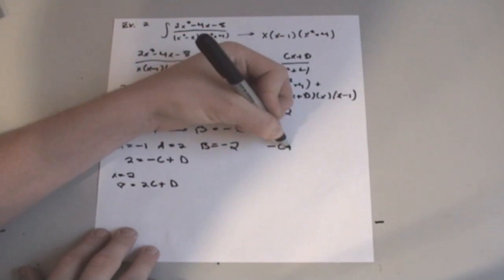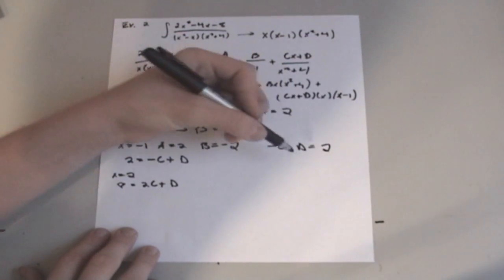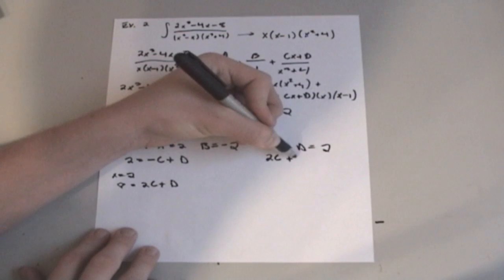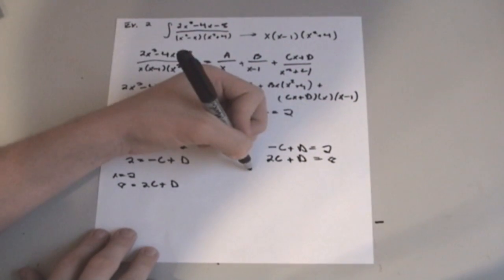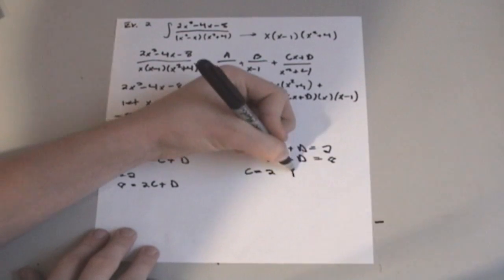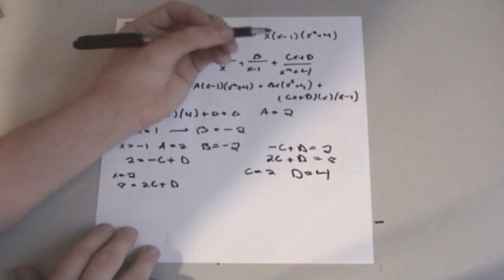Negative C plus D equals 2, and we subtract 2C plus D equals 8. Solving that, C equals 2 and D equals 4.